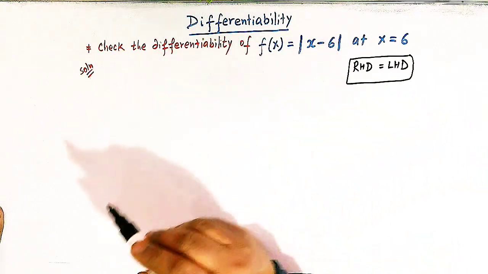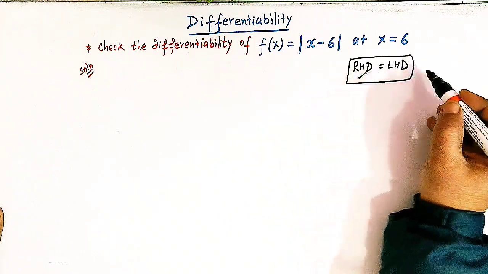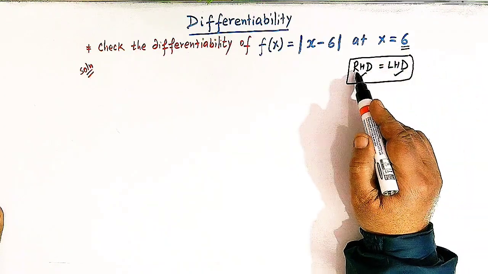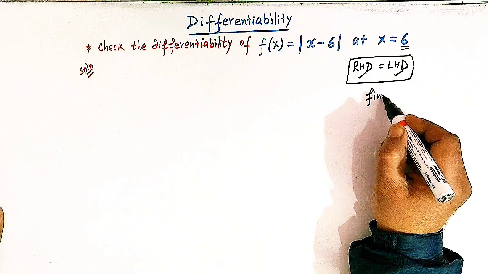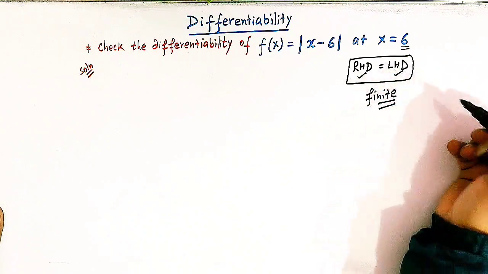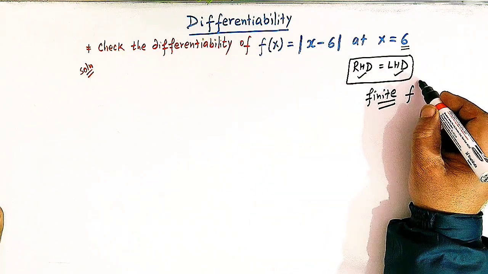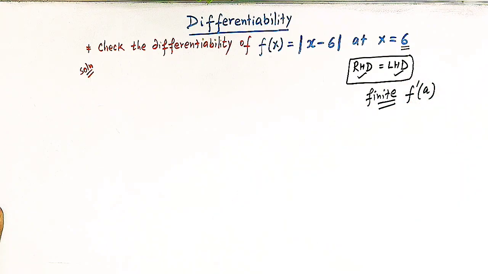So for the differentiability of a function, we calculate the right hand derivative and the left hand derivative at the given point, and if both the derivatives are finite and equal to each other, then we can say that the function is differentiable at that point. It means f prime of a exists, right?